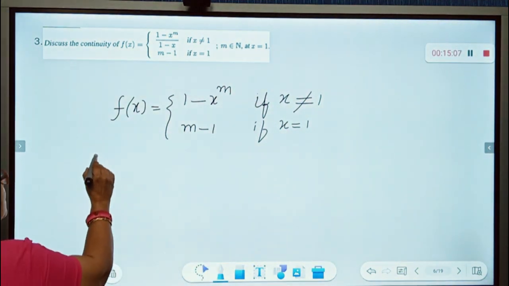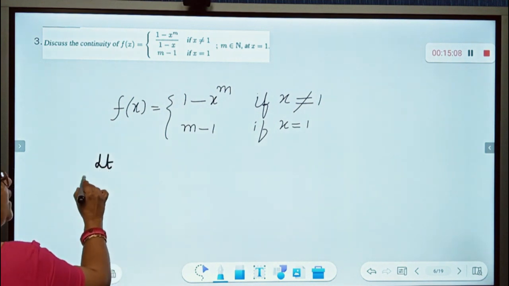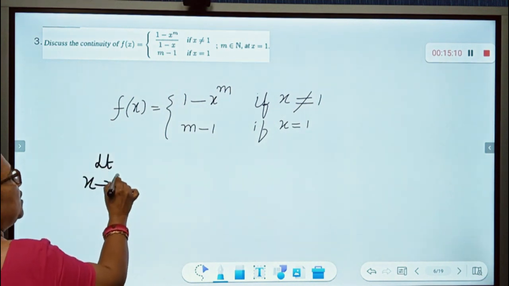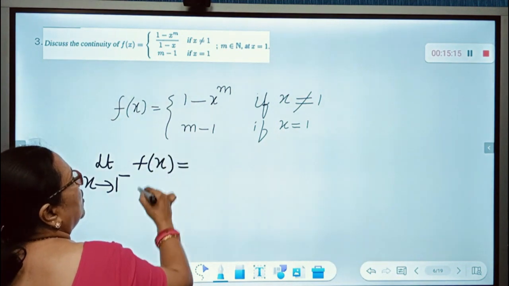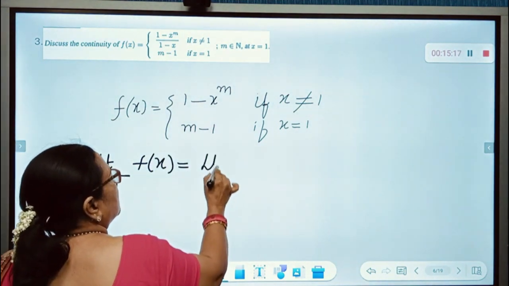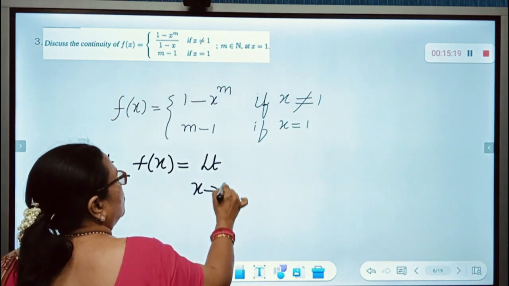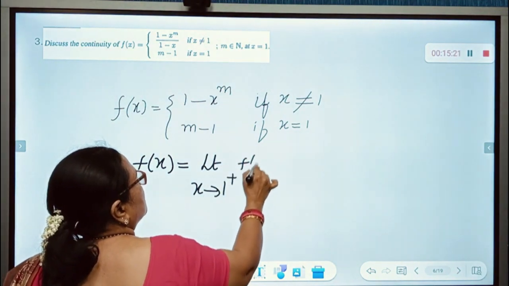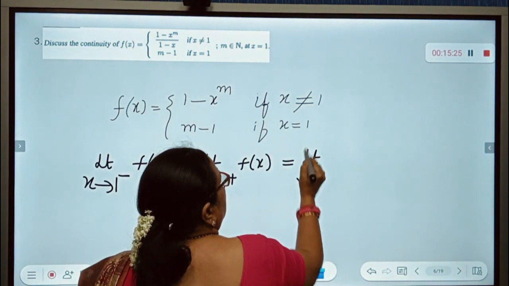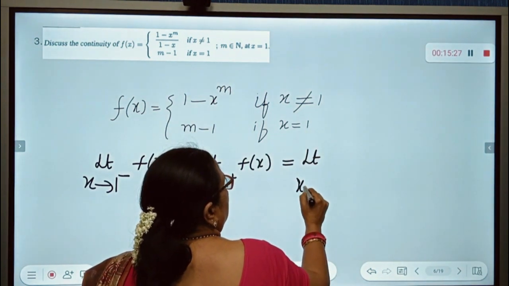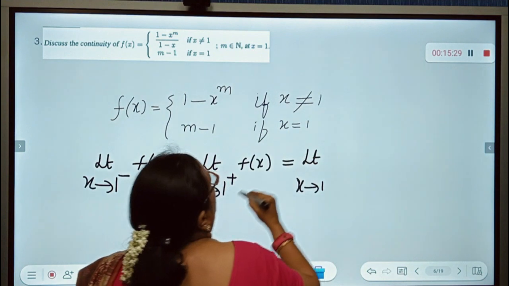So limit x tends to 1 minus of f of x equal to limit x tends to 1 plus of f of x, which is equal to limit x tends to 1 of f of x.